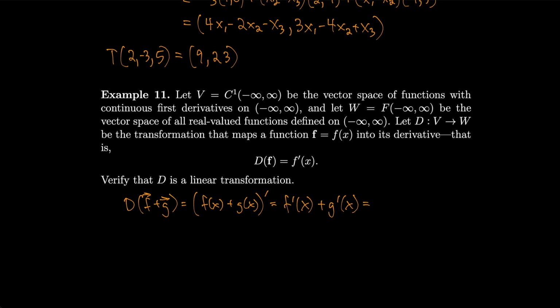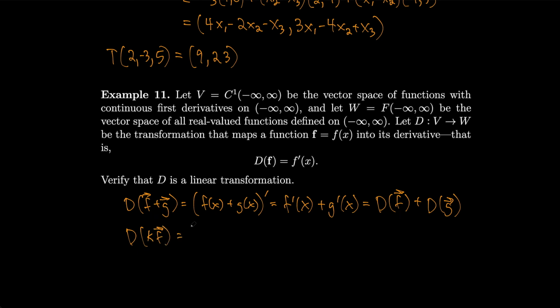So that is just D of f plus D of g. I guess I shouldn't have said linear. The derivatives are additive. I mean, they are linear, but still, in this particular case, additive.